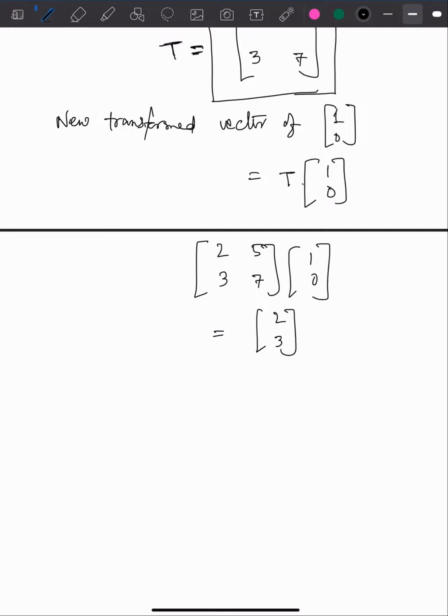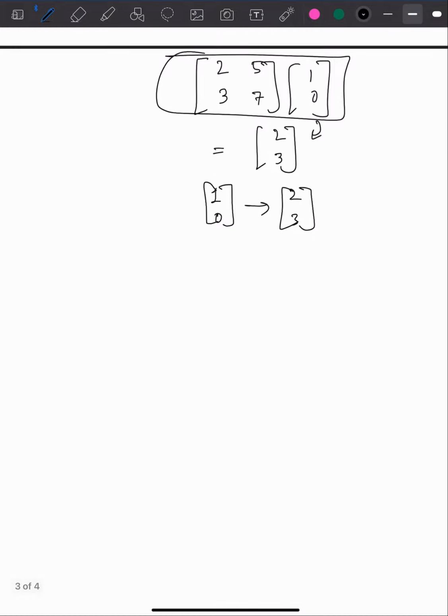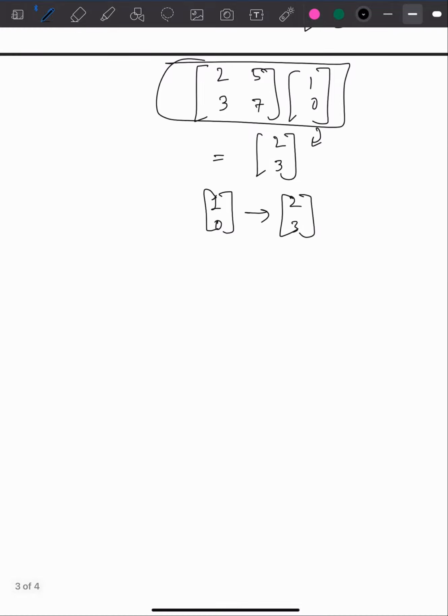So 1 0 would be transformed to 2 3, and in the same way 0 1 would be transformed to 5 7.